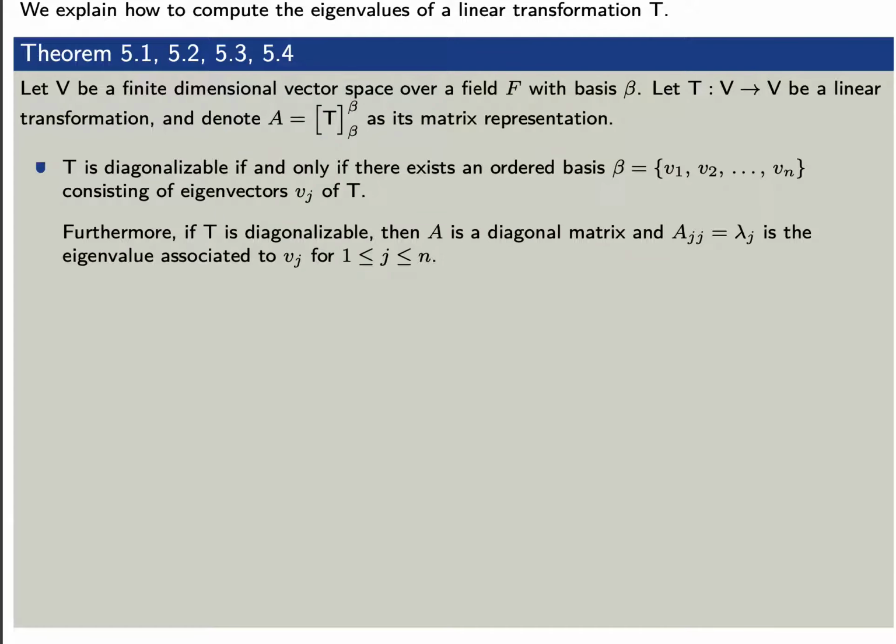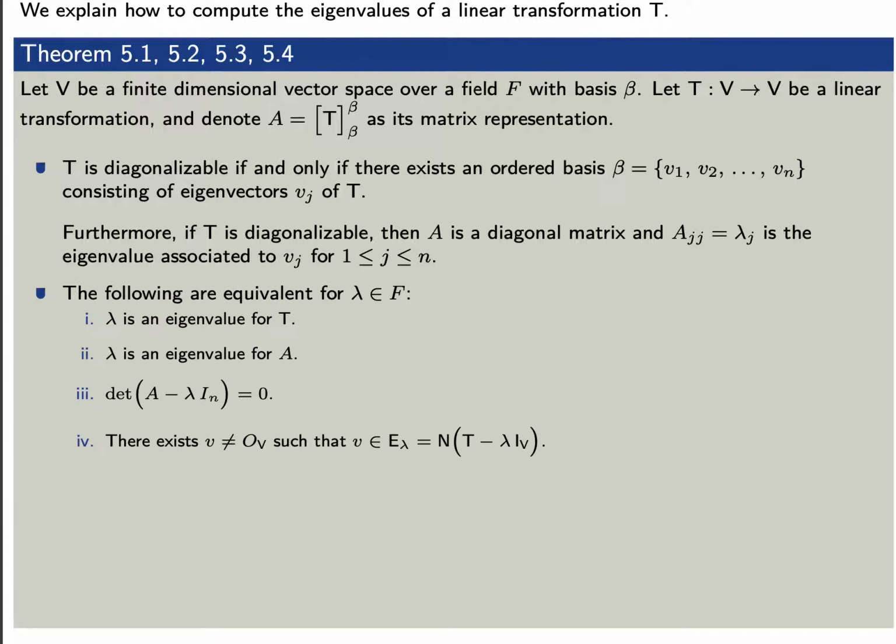We found that T is diagonalizable if and only if there exists an ordered basis beta consisting of eigenvectors of T. Furthermore, if T is indeed diagonalizable, then the matrix representation A with respect to this ordered basis of eigenvectors is a diagonal matrix, and the diagonal entries are the eigenvalues associated to these eigenvectors.